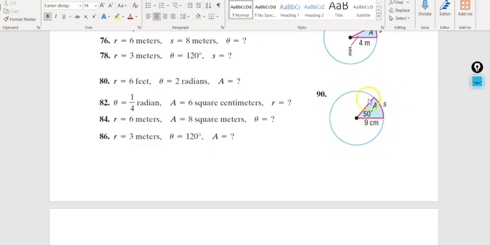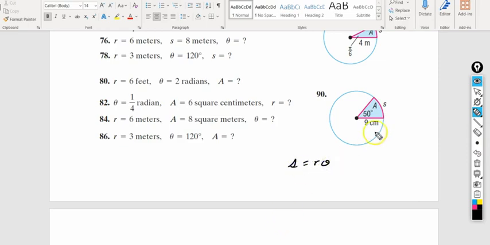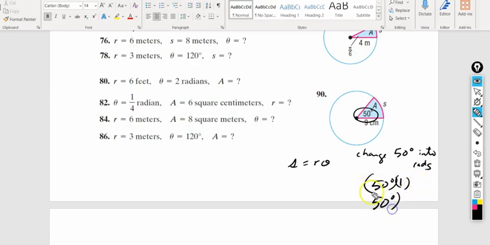Okay, and one like this, number 90. If all you have is a picture, well, remember, if you want to find S, you're going to have to change 50 into radians. And how are you going to write 1? Well, you want the degrees to cancel. You want the degrees on the bottom. So that's going to be 5 pi over 18.